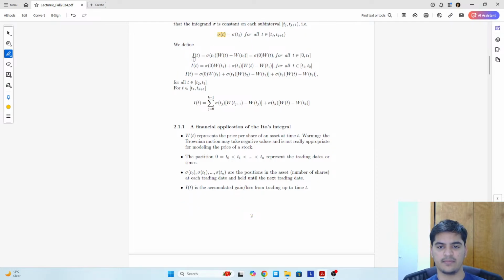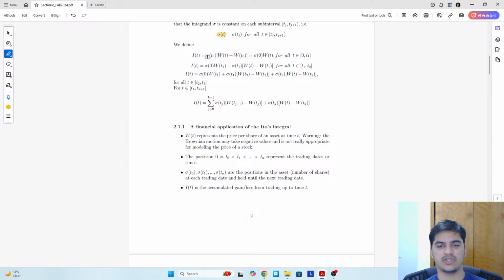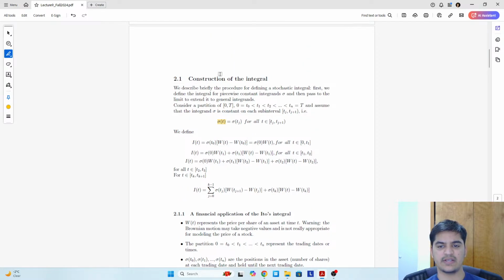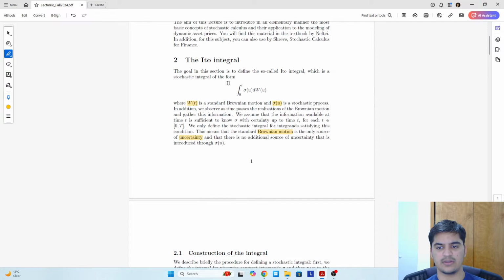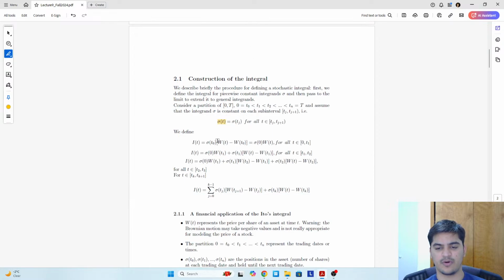Now we define the process I(t), which is equal to sigma t0 times (W_t minus W_t0), which basically means that it's an Ito integral between times t0 and t.